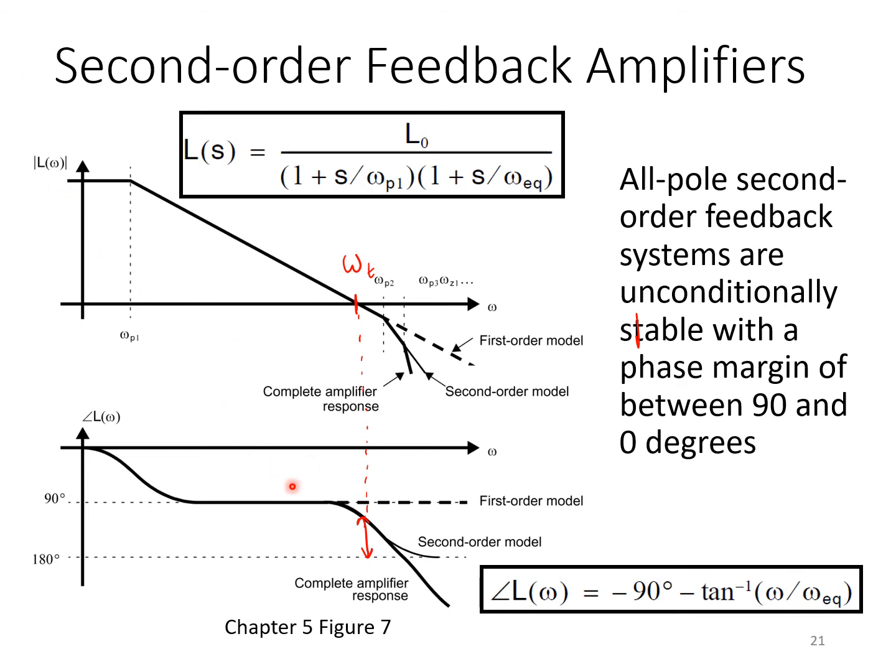Now, having adopted this second order model, we can easily relate the phase margin to our equivalent second pole omega EQ, based on the assumption that the first pole, also called the dominant pole omega P1, has introduced a minus 90 degree phase shift by the time we get to omega T. And that's captured by this term here.